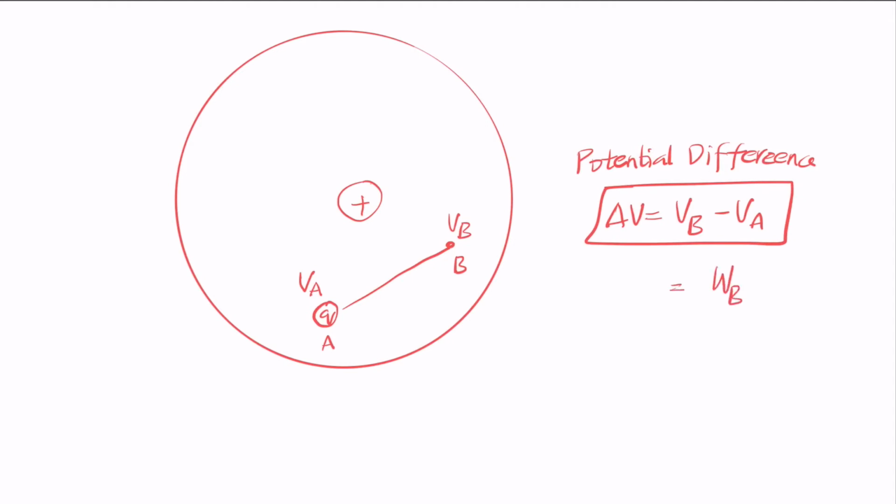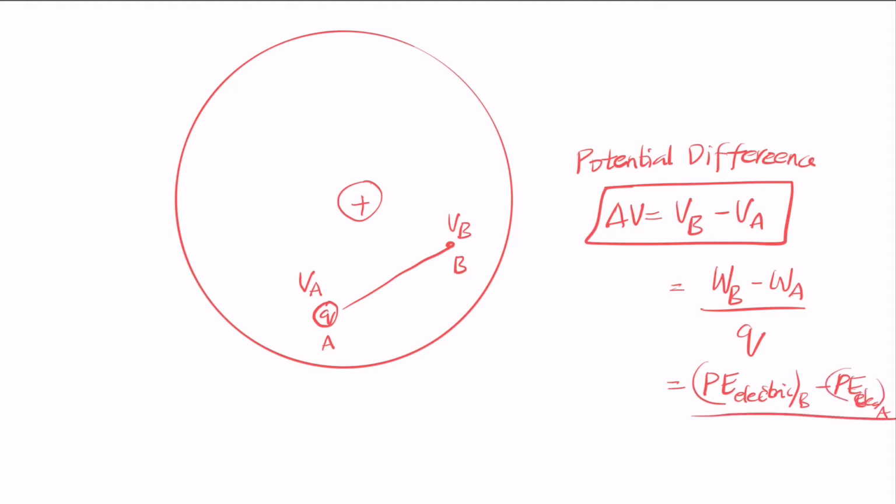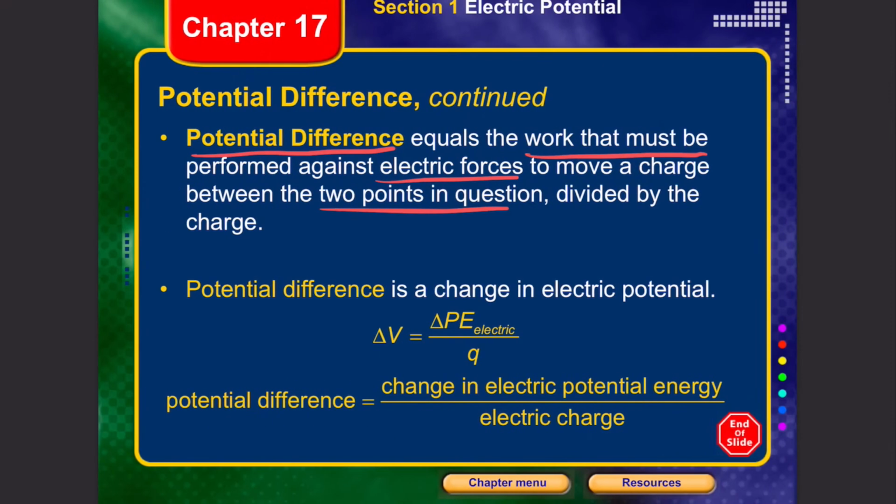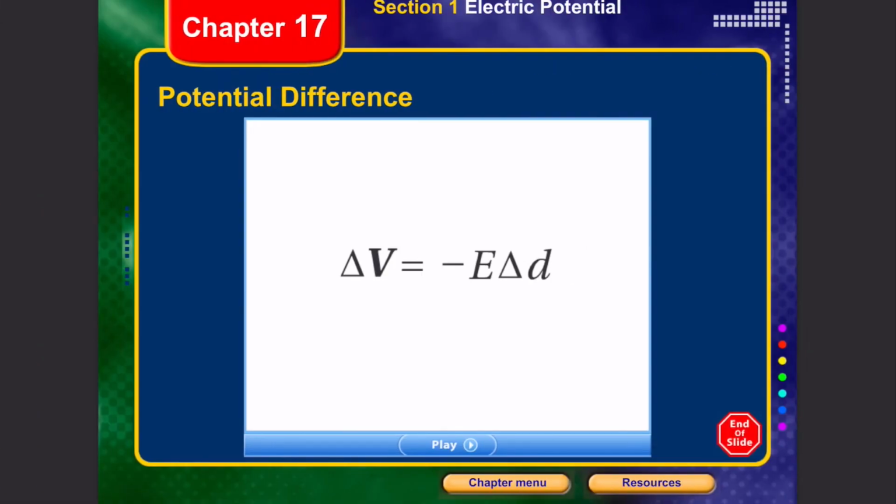So it can be written as WB minus WA by Q, or potential energy electric at B minus PE electric at A by Q. Or we can simply write it as delta V equals delta PE electric by Q. This is generally the formula that we use to calculate the potential difference.